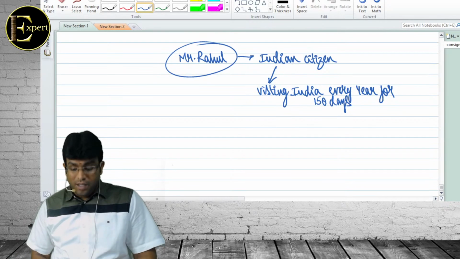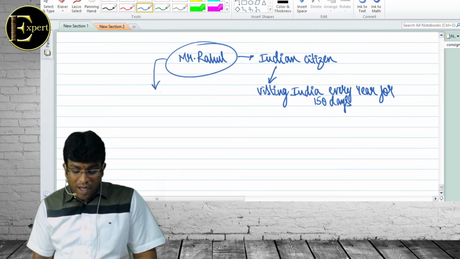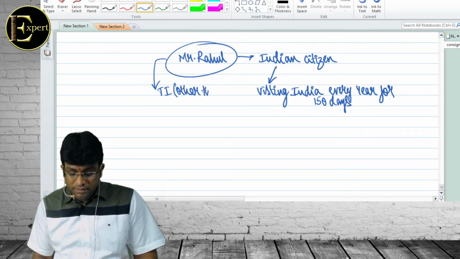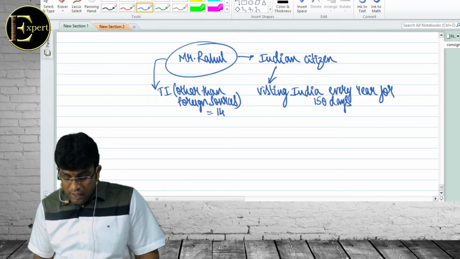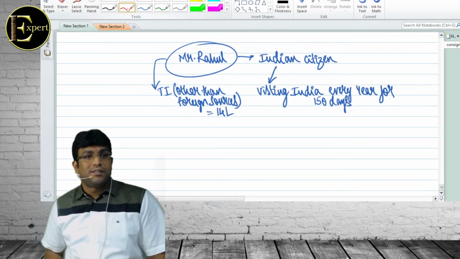And Rahul, total income other than foreign sources is equal to 14 lakhs.